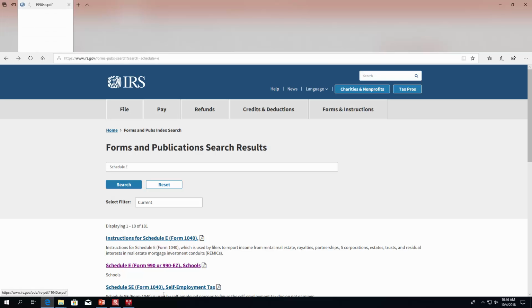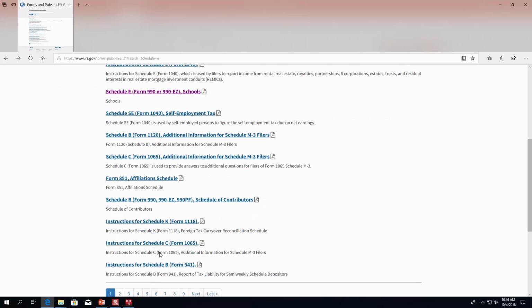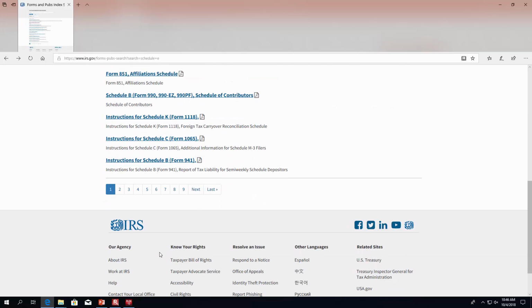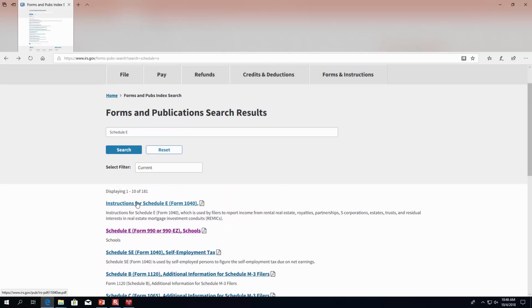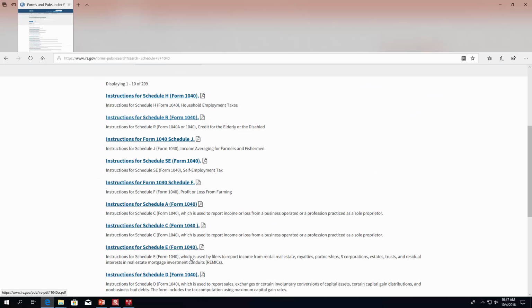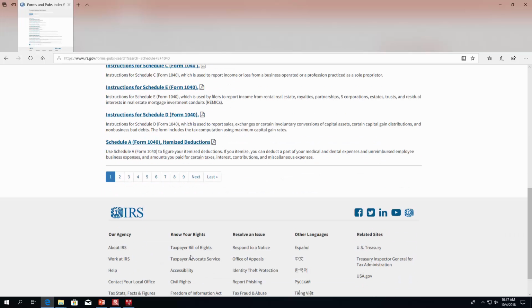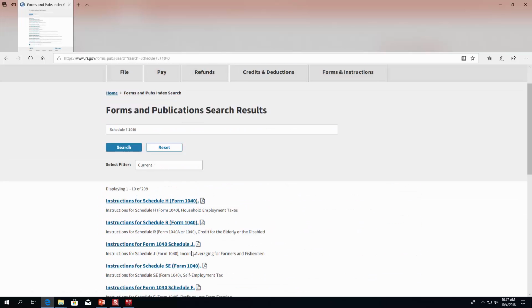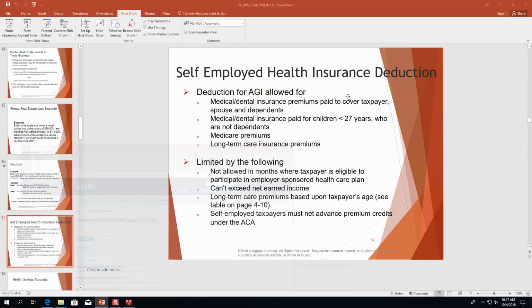Okay, Schedule E. Oh, no, I did one for a 990. No. Where's just a Schedule E? Instructions. Huh. Other. No, I don't want the instructions. There's one on page 453. Okay. Yeah, let's just go with there. I don't know why I'm having a hard time with this.